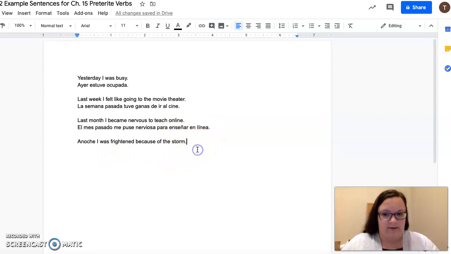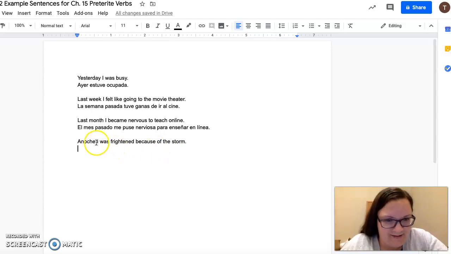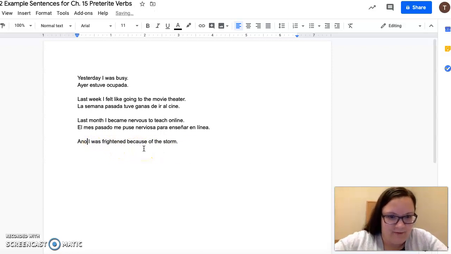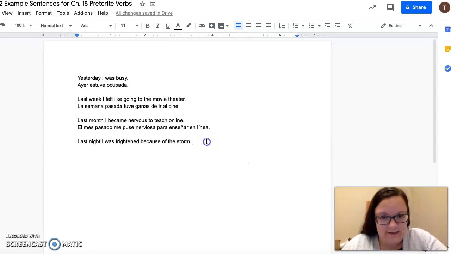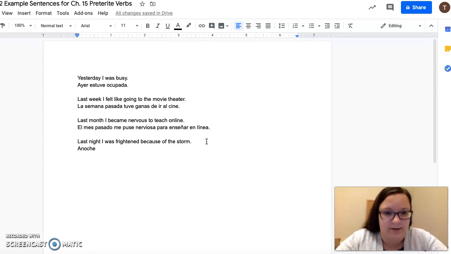Okay. Last one then, we have anoche, or, ooh, sorry, I got a little Spanglish going on. This should say last night. Last night, I was frightened of the storm, so I would start that sentence by saying anoche, and then I'm going to go back to using estar, and I'm going to put it into the yo preterite, okay?